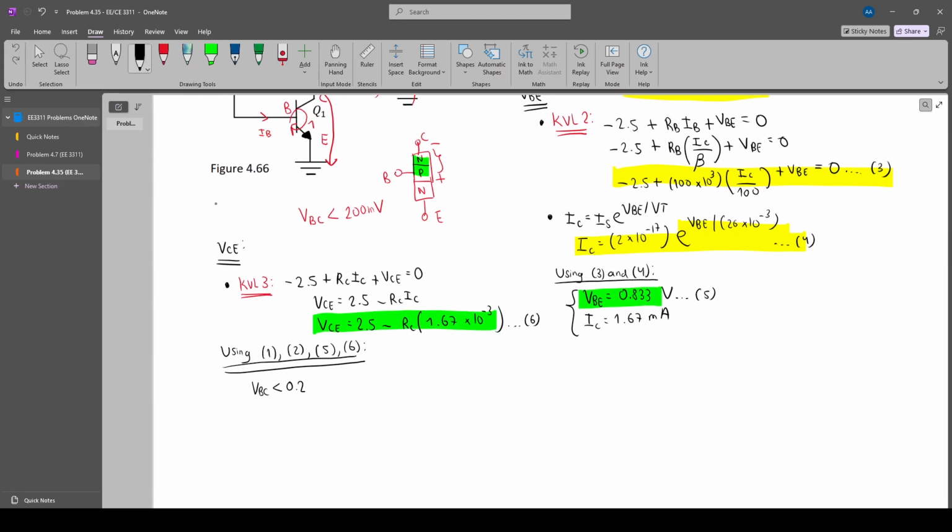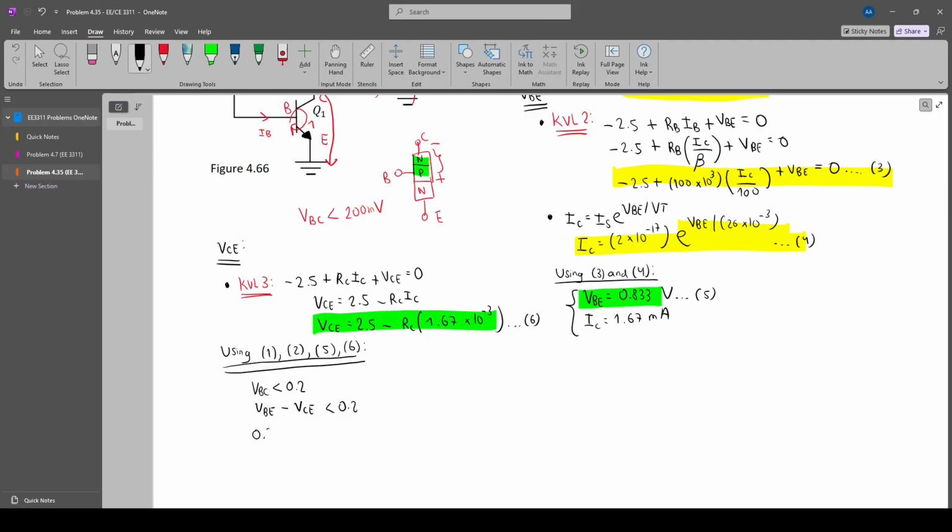So now I am using equation 2, and I can say that VBE minus VBC is less than 0.2. And well, we have calculated VBE as 0.833, so we can just plug that in, being that equation 5.